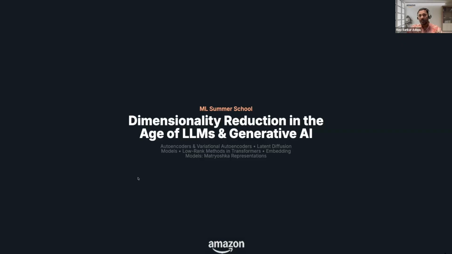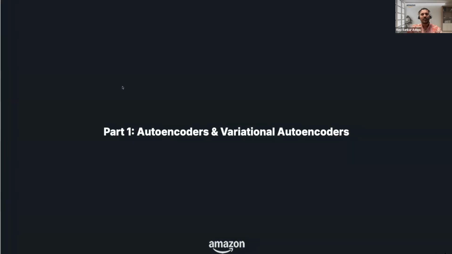In the fourth part, we'll look at embedding models like the recent Matryoshka representations, where you can do the dimensionality reduction in a hierarchical way.